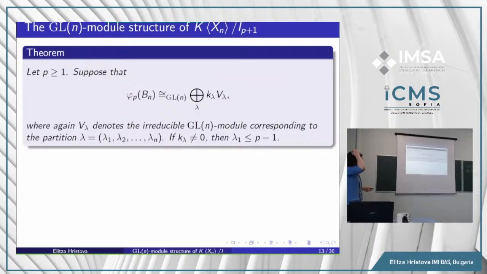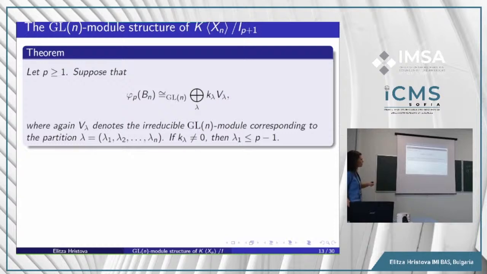And that's the first result: if we write down the decomposition of this thing, then the GLN module V lambda appears with non-zero multiplicity in this decomposition.